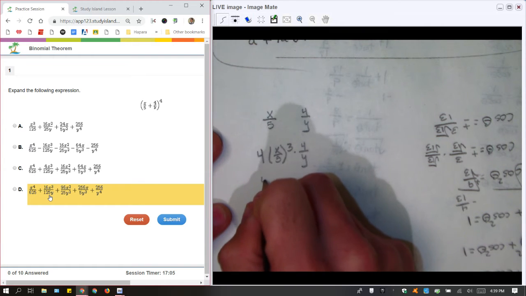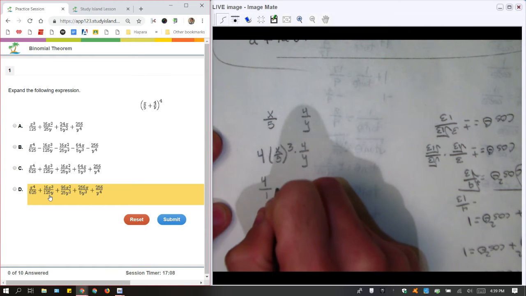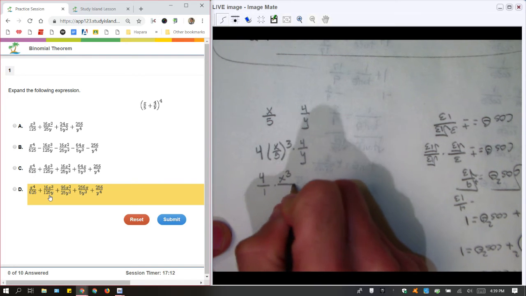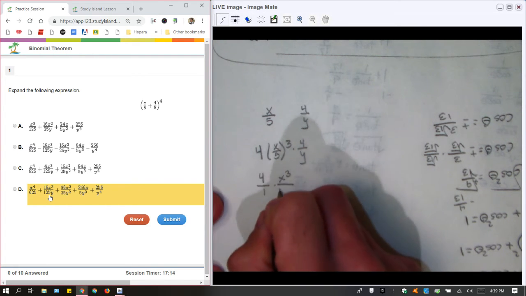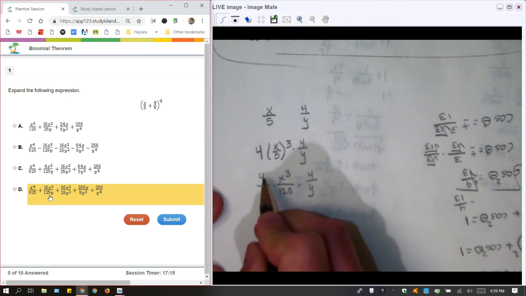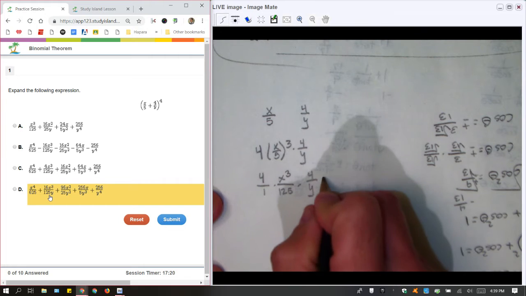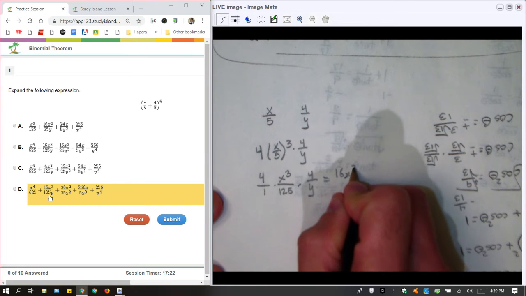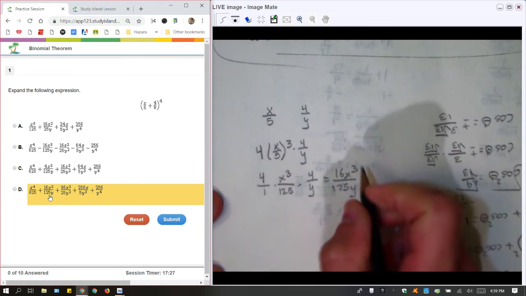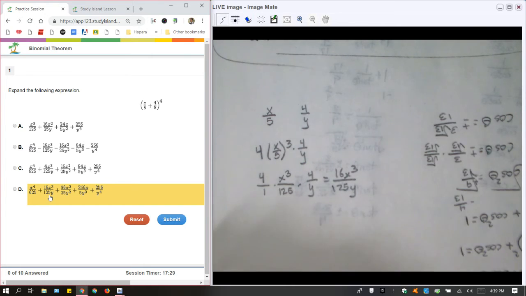Well, it's going to be 4 over 1 times x cubed over 5 cubed, which is 125, times 4 over y. So we have 4 times x cubed times 4, which is 16 x cubed, and we have 1 times 125 times y, which is 125y. So we have 16x cubed over 125y, which makes that the answer, and we can move on.